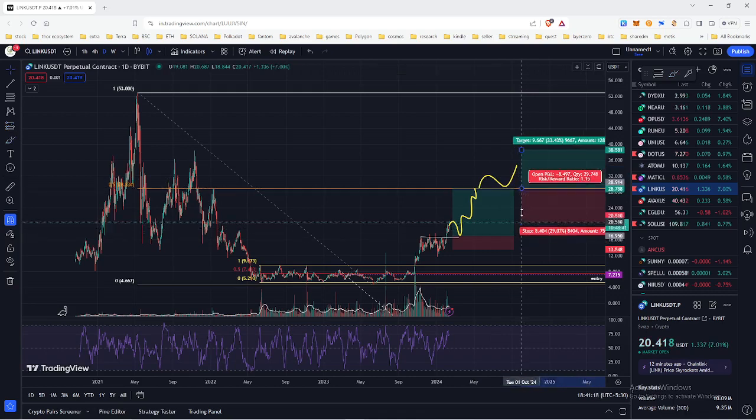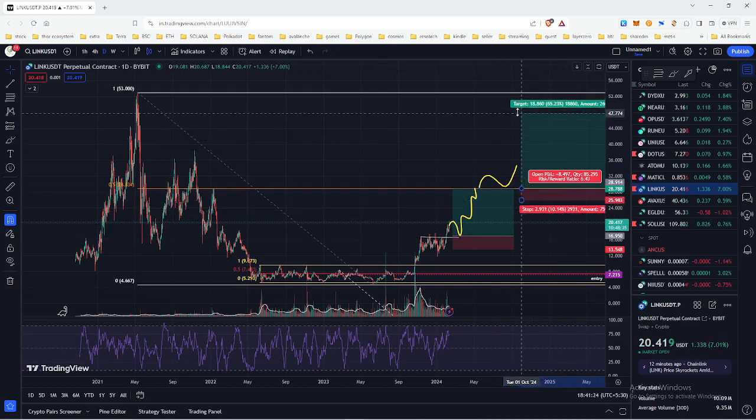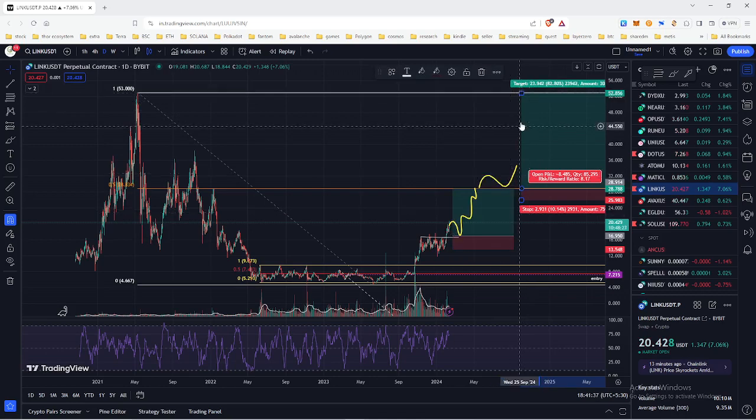And for that trade, if you are conservative, you can do a TP1 here, then TP2 here.